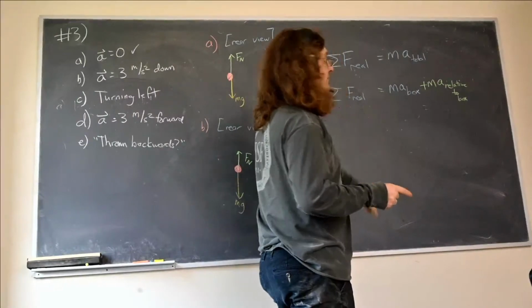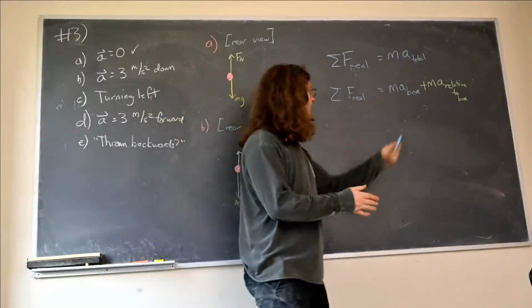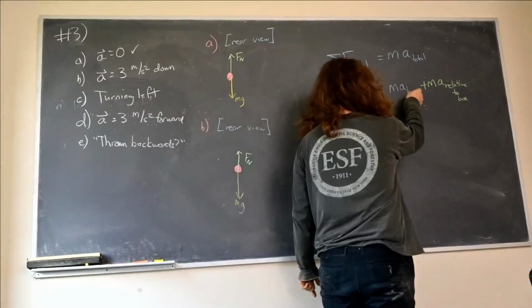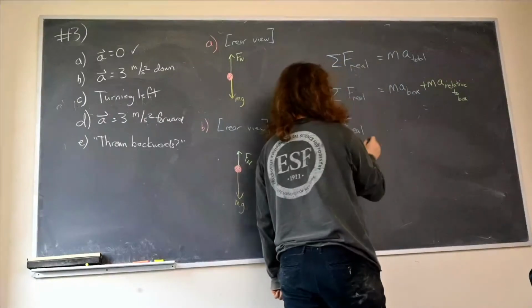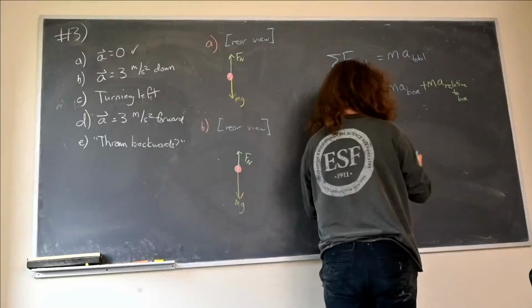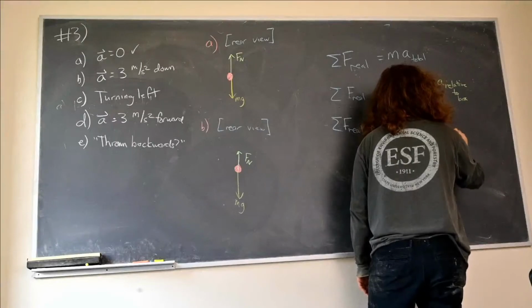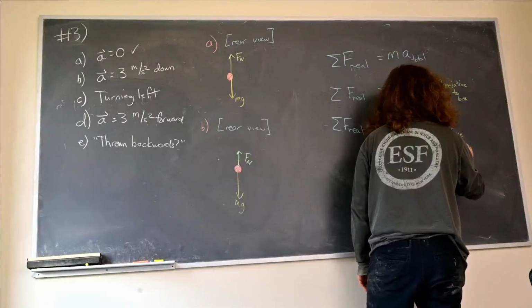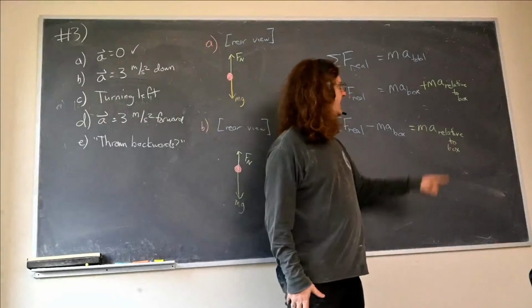And now, if I wish to pretend I am not accelerating, even though I am, if I want to pretend that I'm not in an accelerating box, I can just subtract that from both sides. So I have the sum of all of the forces that really exist minus the mass times the acceleration of the box equals m times a relative to the box. So I get an equation like this again.